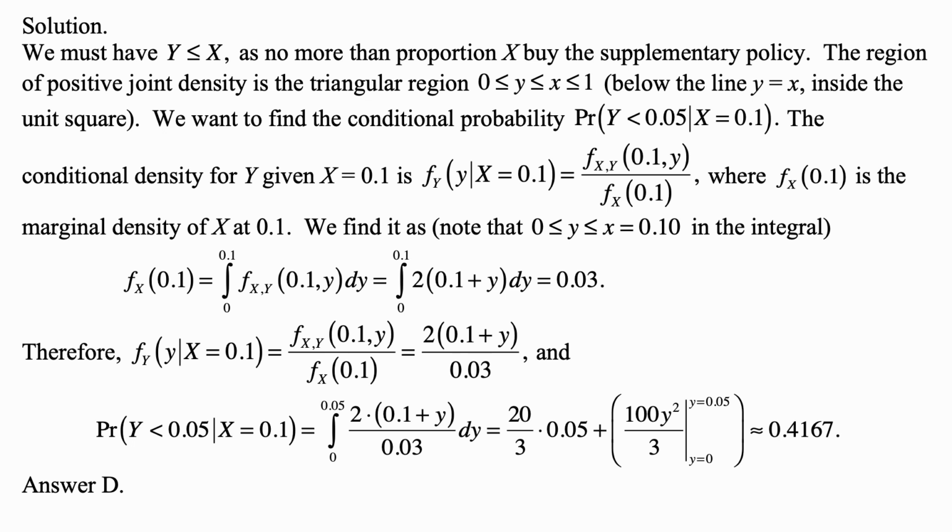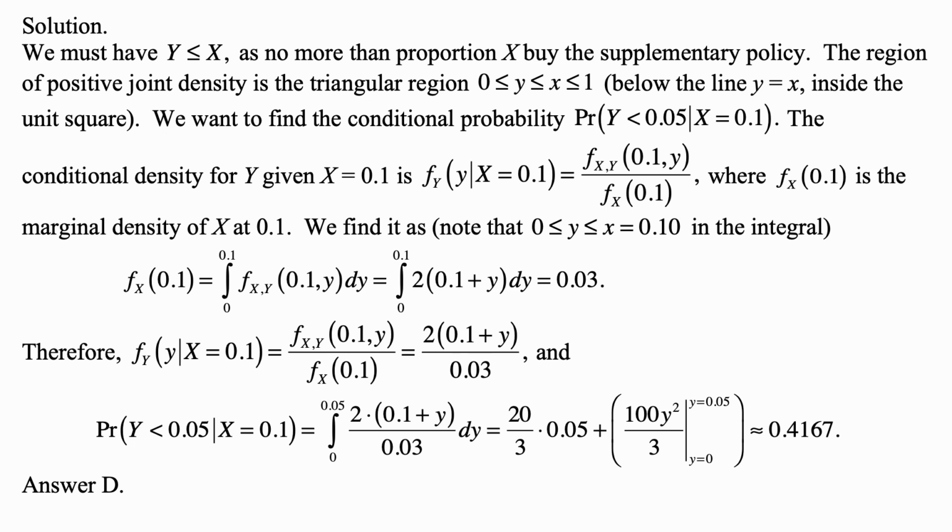The conditional density for Y given that X is equal to 0.1 is f sub Y given X of y given x equals 0.1, and that's equal to f sub XY of (0.1, y) divided by f sub X of 0.1, where f sub X is of course the marginal density of X, evaluated at 0.1. And we find that value, f sub X of 0.1, by taking the integral over all possible values of y.